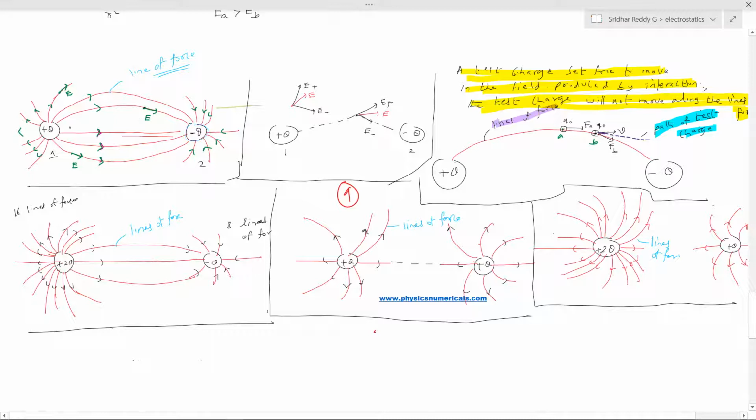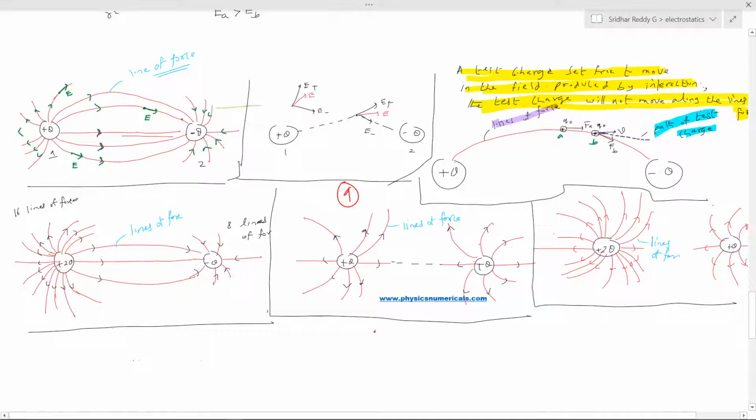Now, how many lines of force did I take here? 1, 2, 3, 4, 5, 6, 7, 8, 9, 10, 11, 12. Let me count it, I missed a number. 1, 2, 3, 4, 5, 6, 7, 8, 9, 10, 11. I took 11. Then how many lines of force here? Again, 1, 2, 3, 4, 5, 6, 7, 8, 9, 10, 11.